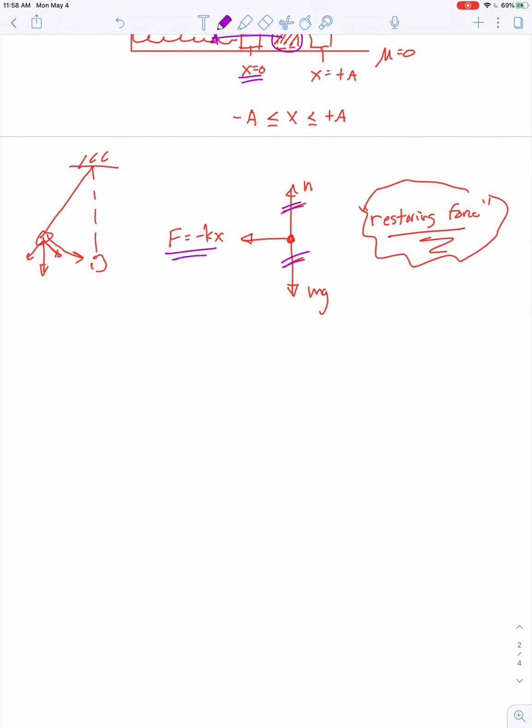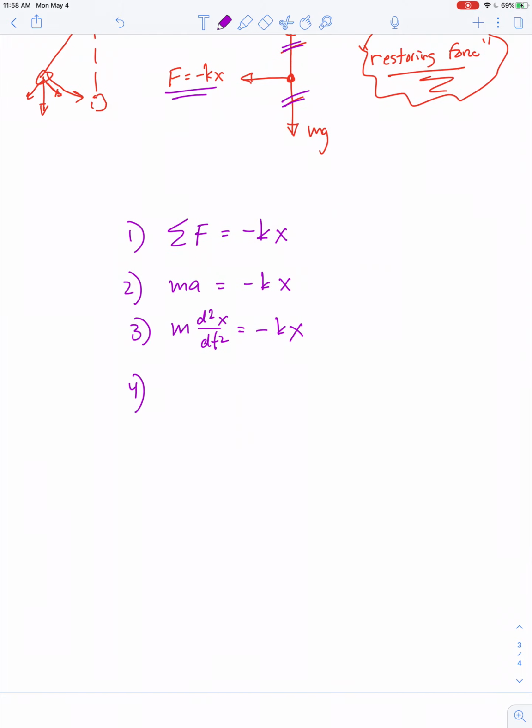Because gravity and normal force have canceled one another out, then the net force acting on the object is this restoring force of negative kx. Let's go through a derivation here. By Newton's second law, net force can be replaced with ma, but acceleration can be thought of as the second derivative of position with respect to time. If I divide both sides of the equation by m, then I have an expression that says the second derivative of position with respect to time is equal to negative k over m times x.